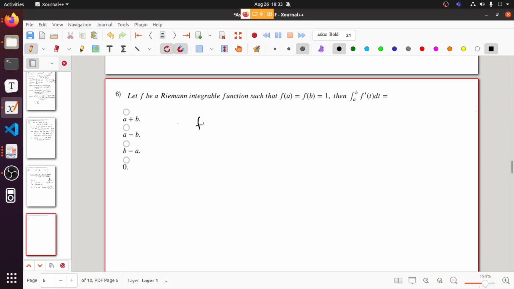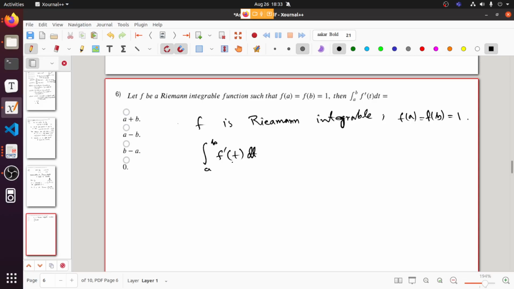As they have written f dash, f is automatically differentiable, and because they have defined the integral of f dash t, f dash t is integrable.